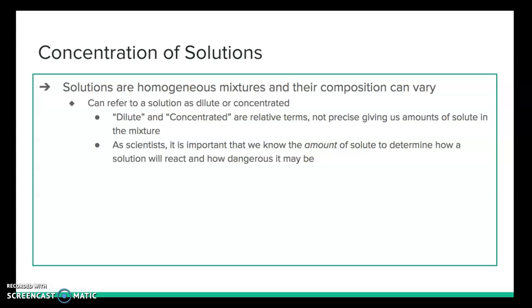We can use the terms dilute and concentrated, however, those are very relative, and for the purposes of scientists, that's not precise enough. It doesn't tell us exactly how much solute we're using in our solution. So we need to know the amount of solute we're using, and this is where we're going to use these types of calculations, because this can really tell us how something's going to react and how dangerous it may be.